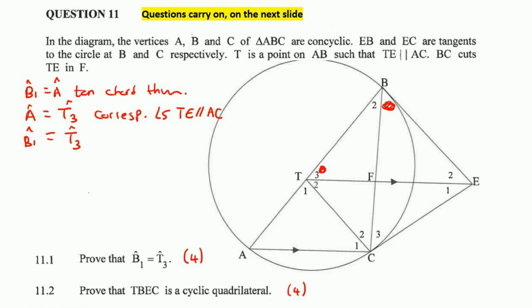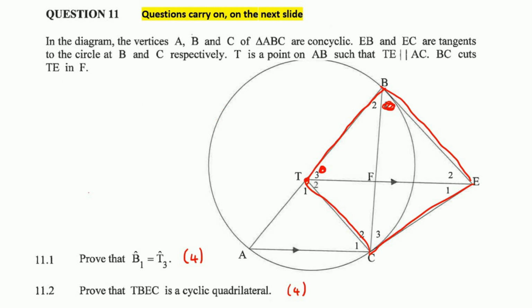The next one says prove that TBEC is a cyclic quad. All right, so how do we prove that something is a cyclic quad? Well, there are 3 different ways.